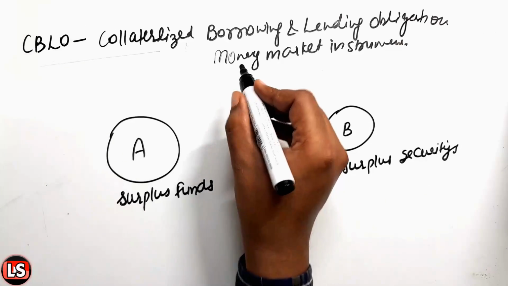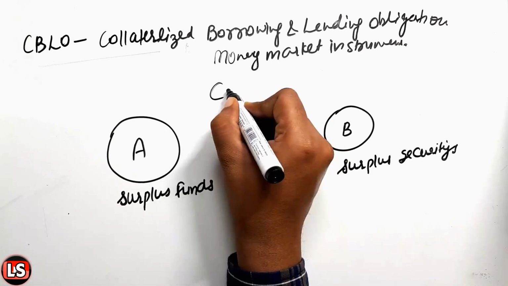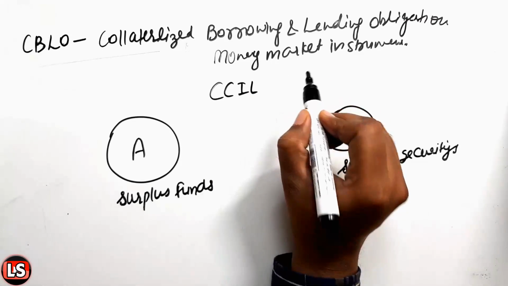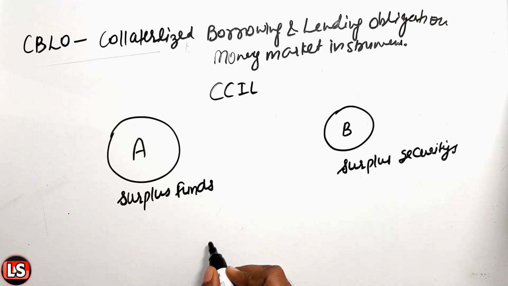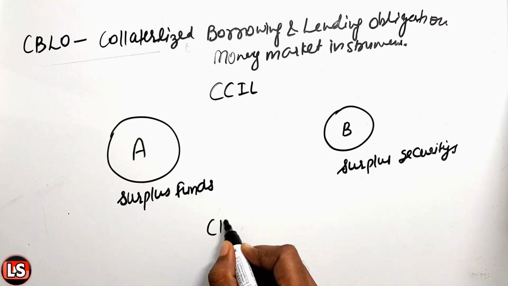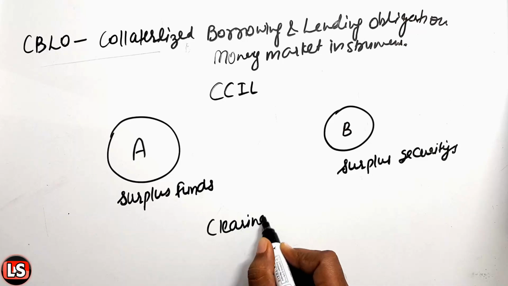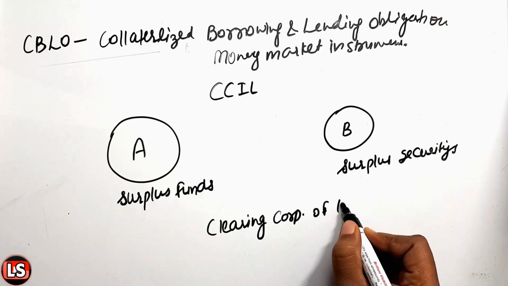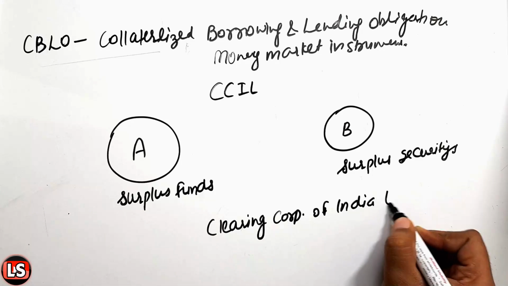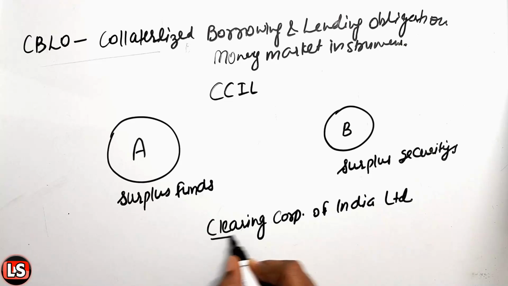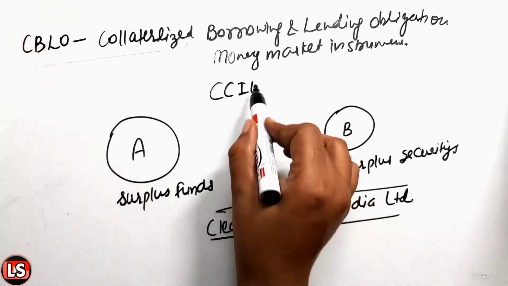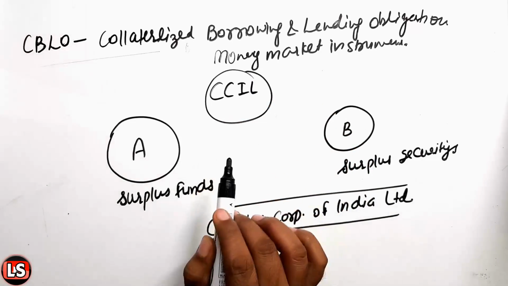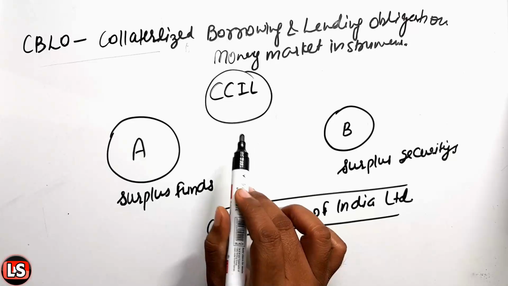There is a corporation for it, that is CCIL. CCIL is Clearing Corporation of India Limited. All the transactions of the CBLO are operated by the CCIL.